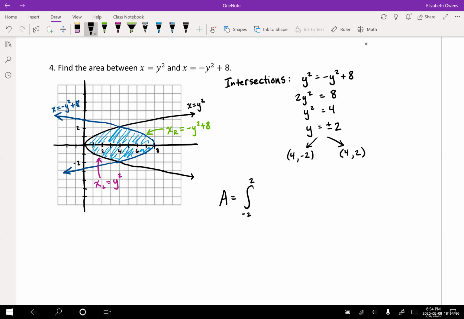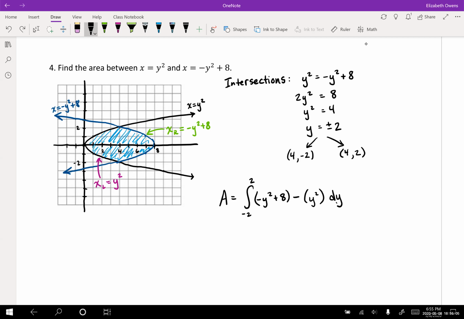Take your right function, negative y squared, whoops, that's very important, negative y squared plus 8, and then minus your left function, which is y squared, and we are integrating with respect to y. So whatever your variable is in the with respect to part, here we have y, everything else in that integral better be in terms of y, otherwise it's not going to work out so well.